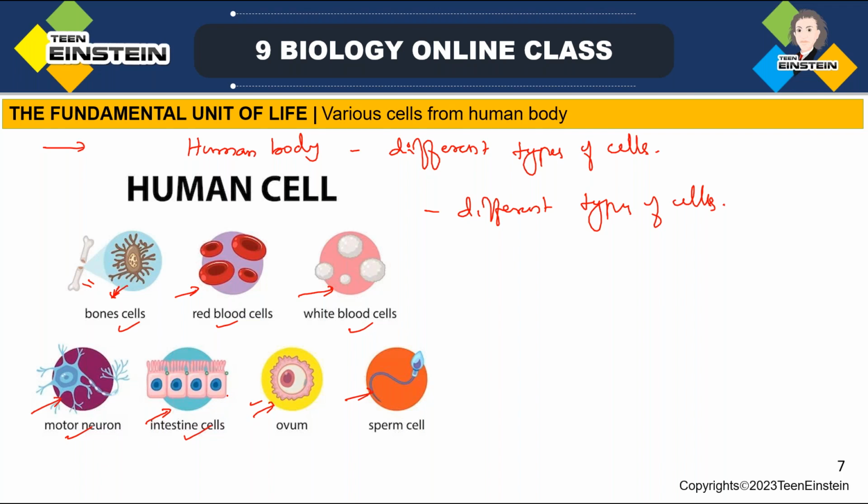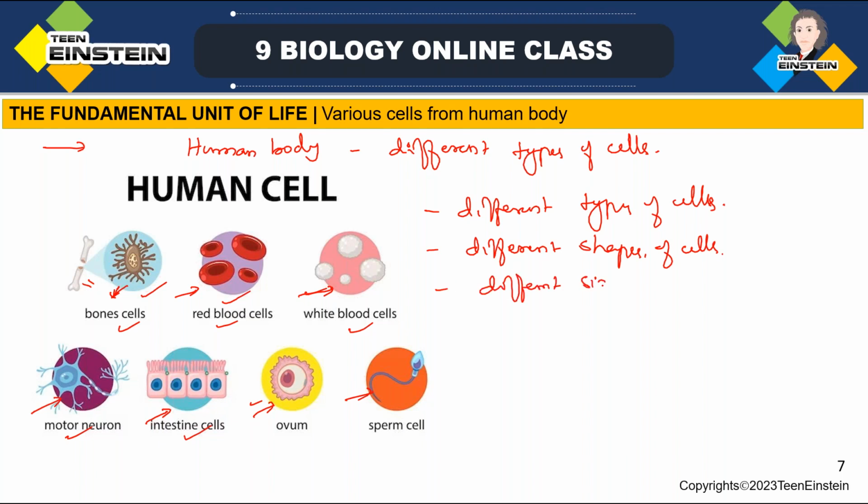So these many types of cells you can see in a single human being. Here, what I'm saying is the shape and size of the cells are related to the function. See here itself you can see bone cells, red blood cells, white blood cells, then neuron, all are having different shapes. Different shapes of cells, you need to note down. Then different sizes.